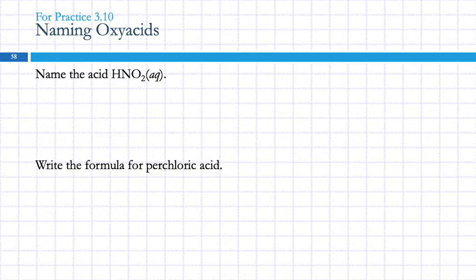So let's practice. Here we have, let's name the acid HNO2. So if we cover up the H, what do we have? We have nitrite, we have NO2.